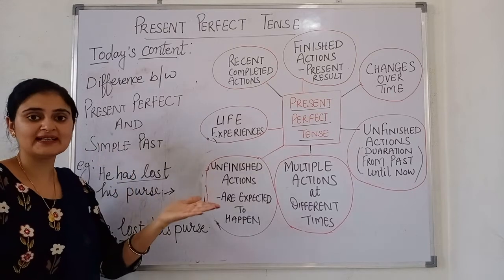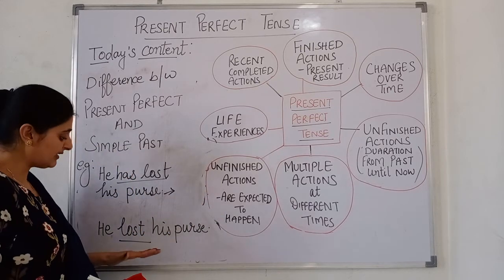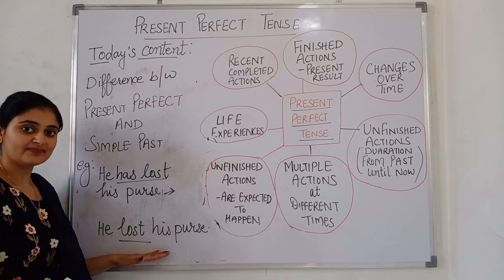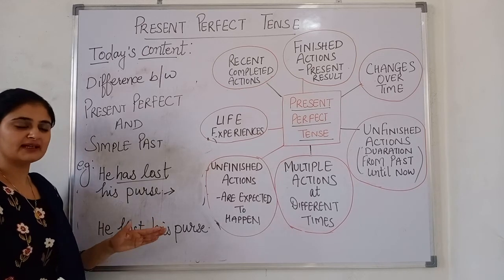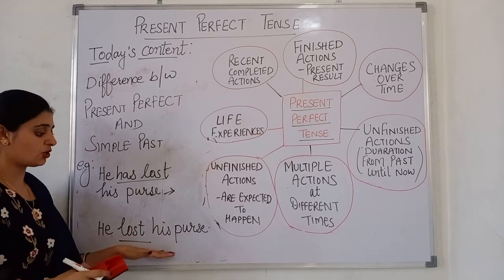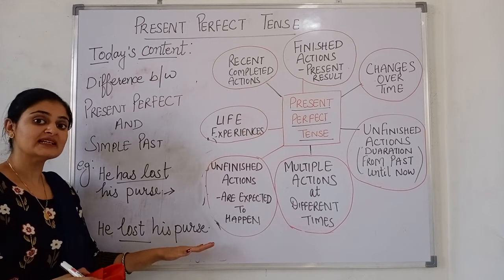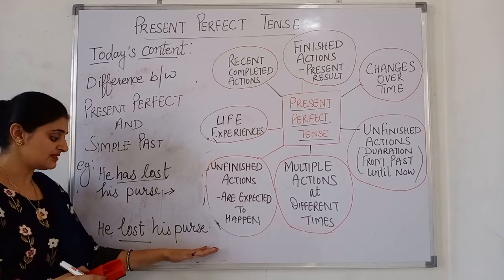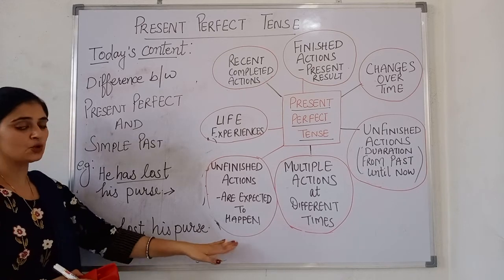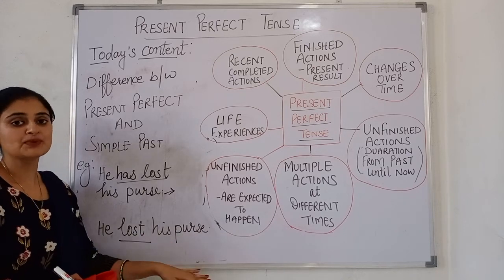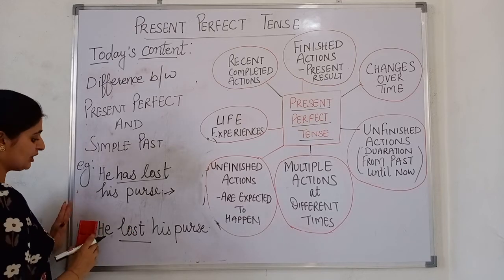What happened that time? We don't know. And when it happened, okay, he forgot that he has lost something. So he lost his purse means that he lost his purse and still it has no effect in his present. Clear?